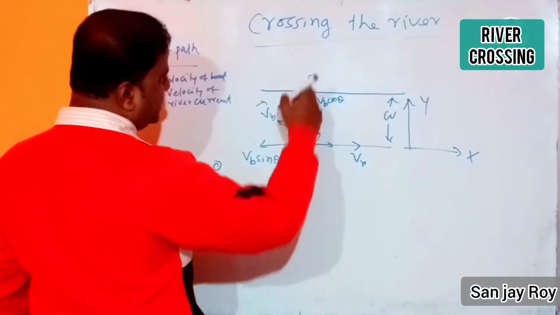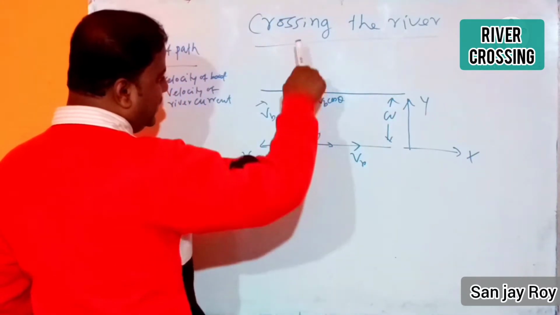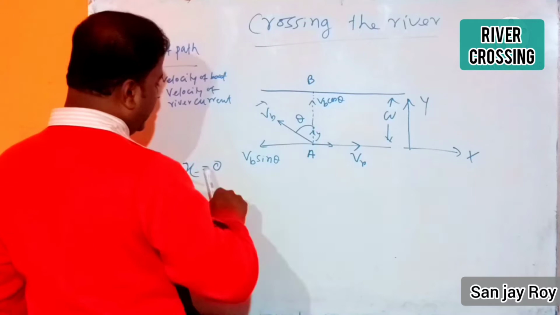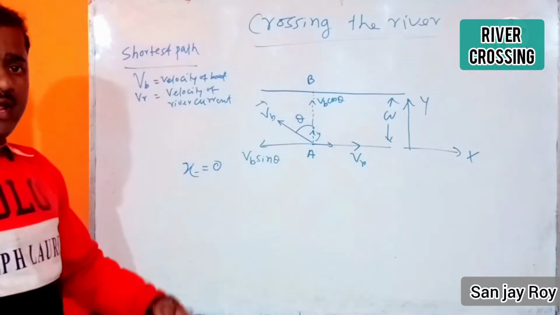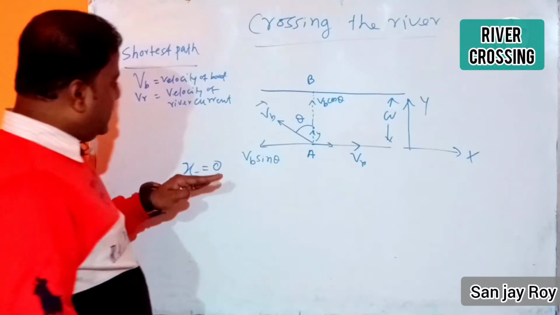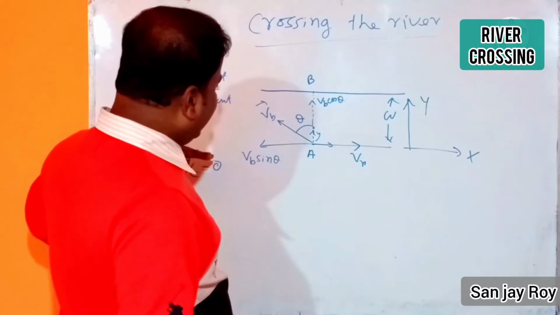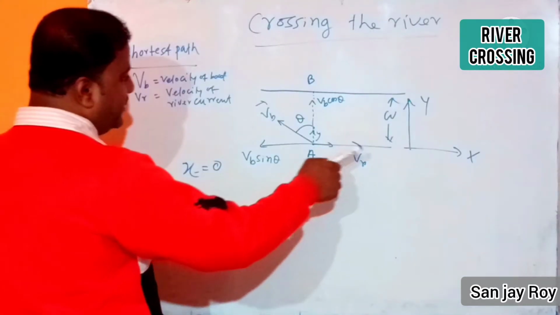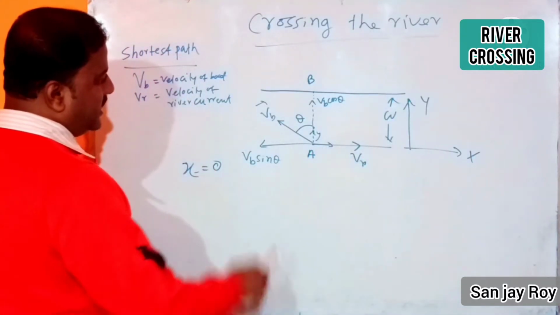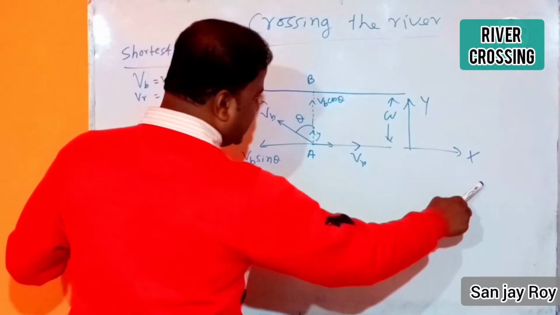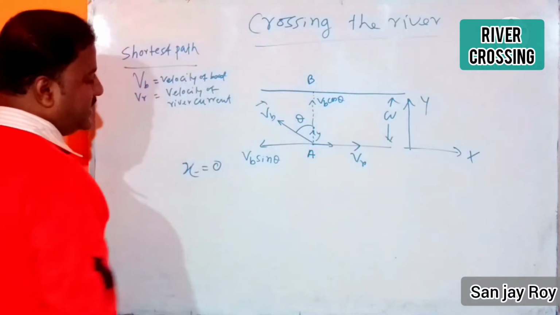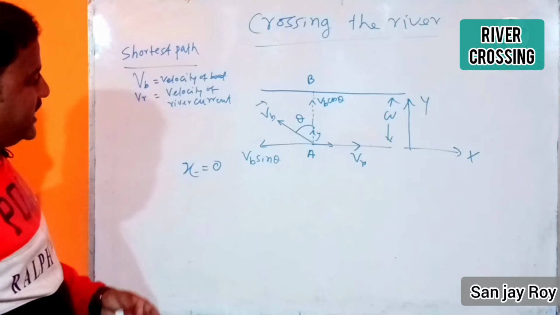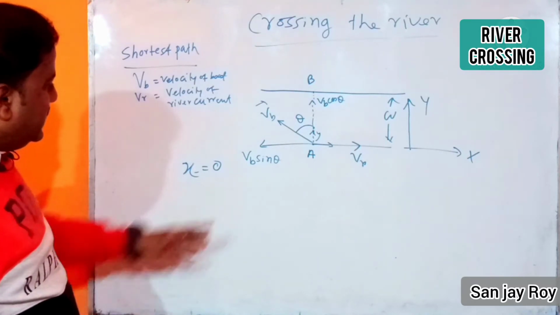If we reach this point B, it is on the line of the Y axis. Therefore, X equals 0. When X is 0, the velocities along the X axis are VR and VB sin theta. VR is along the positive X axis and VB sin theta is along the negative X axis.